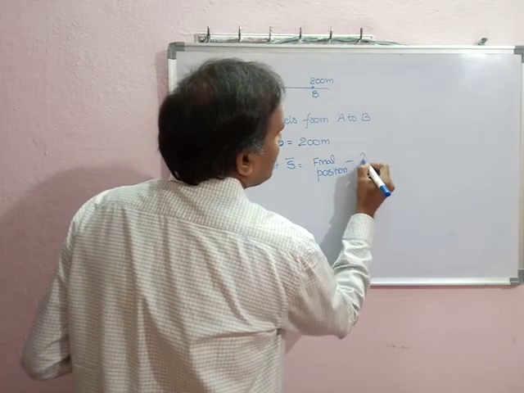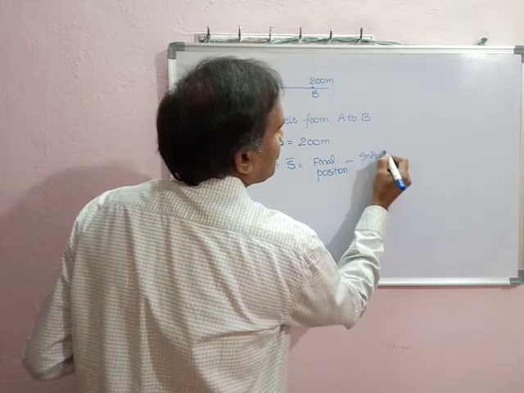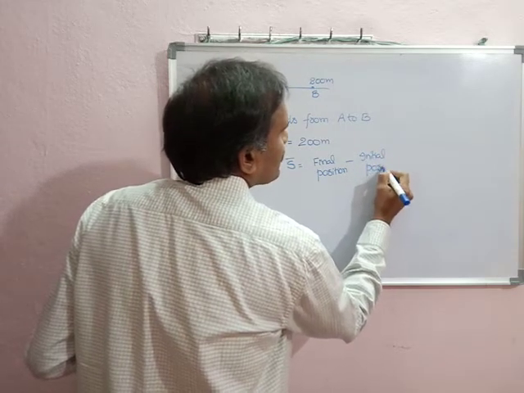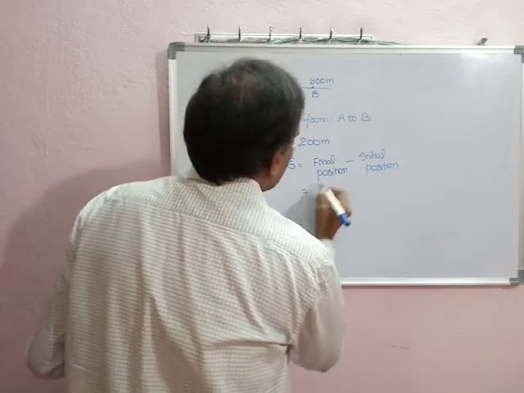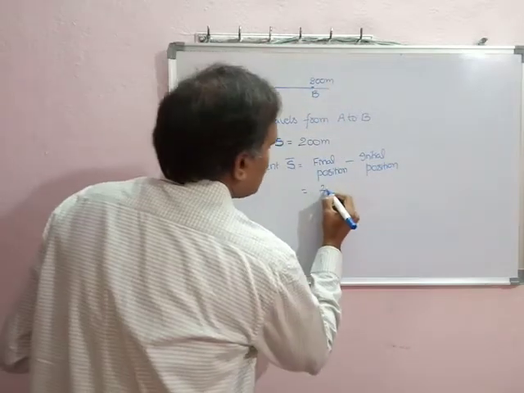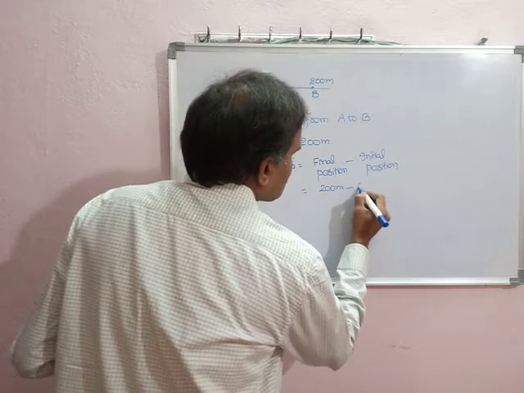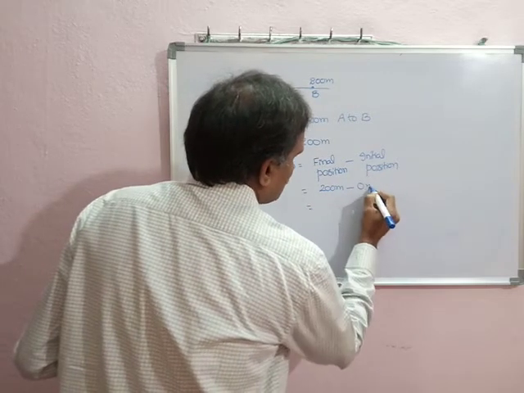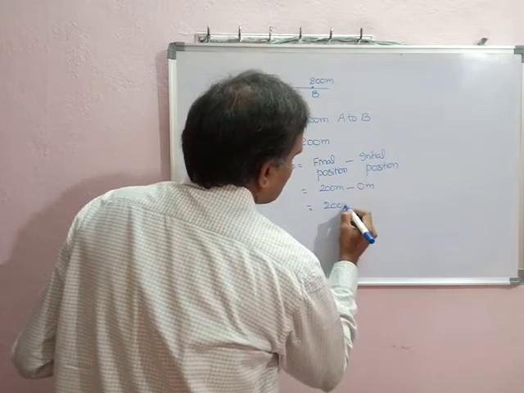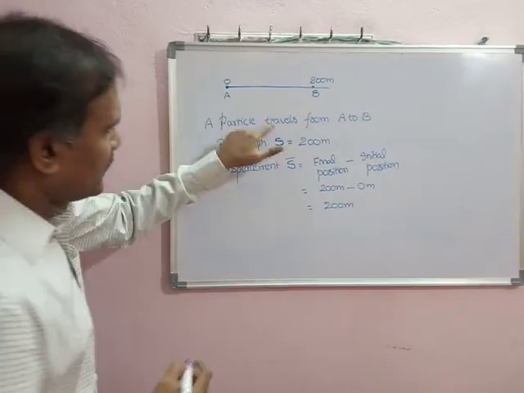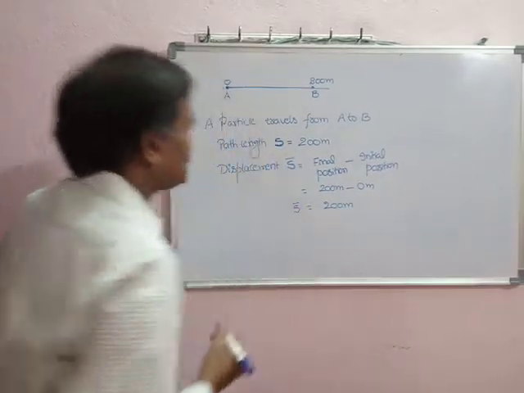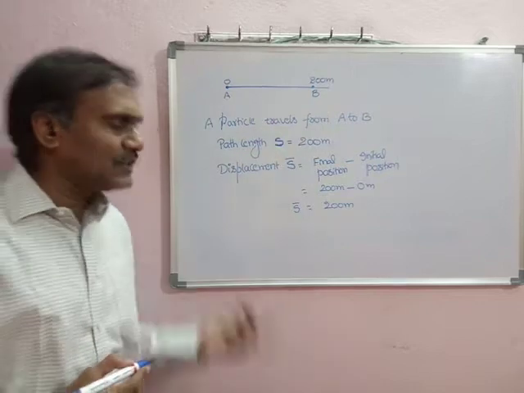Final position minus initial position. Here, the final position is 200 meters and the initial position is 0 meters, which gives 200 meters. Now you can observe these two, path length and displacement. In this example, both are the same.